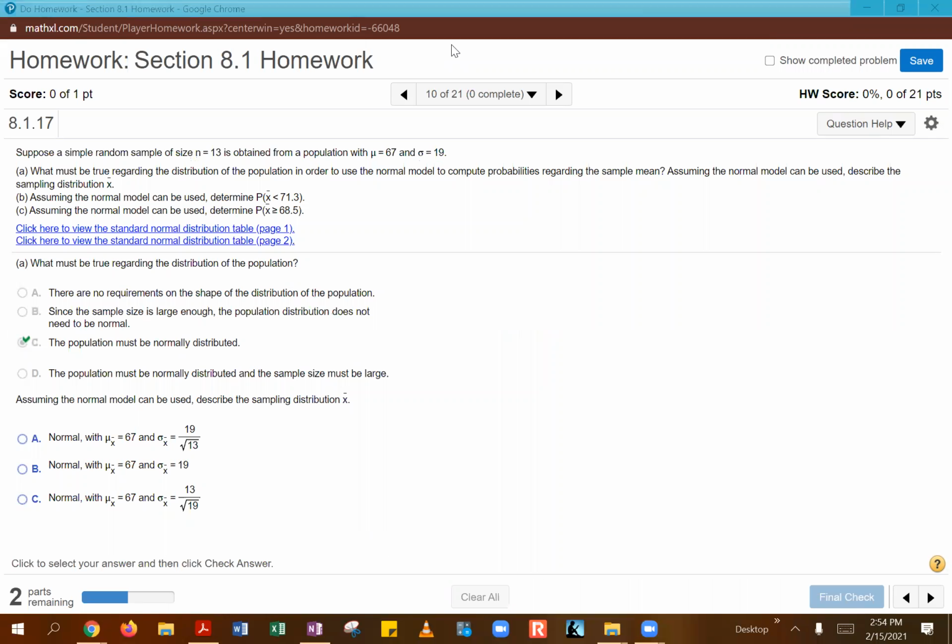So let's clear out some of these. So remember, your sampling mean is equal to your population mean, which in our case will be 67. And then your standard deviation for the sampling distribution is population standard deviation divided by square root of n.